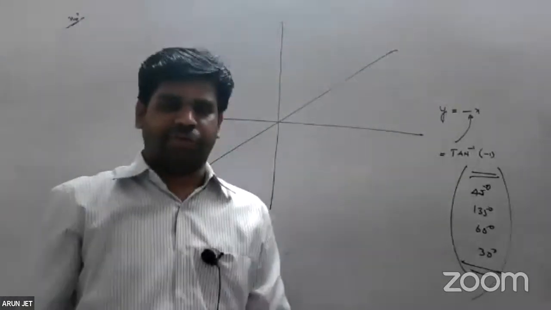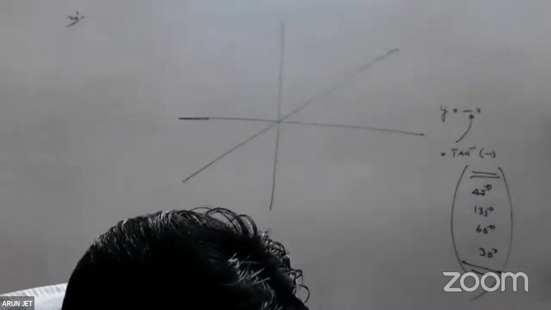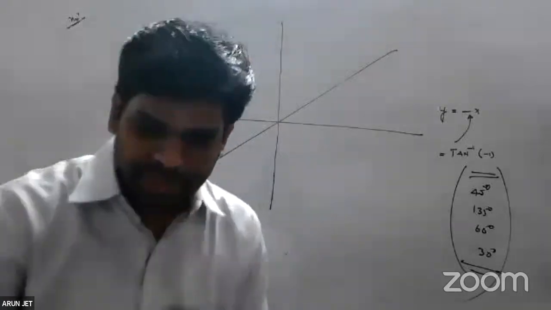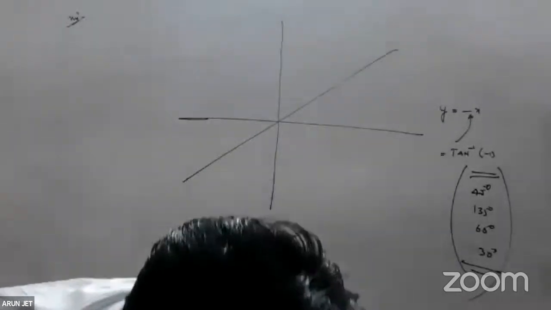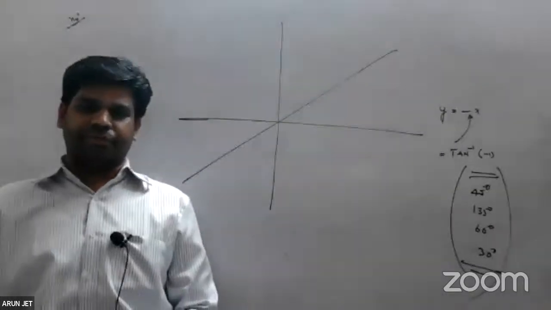Tan inverse 1 is 45. Excellent, Bhavna. Very good. Bhavesh is excellent. Omkar, please think of it.